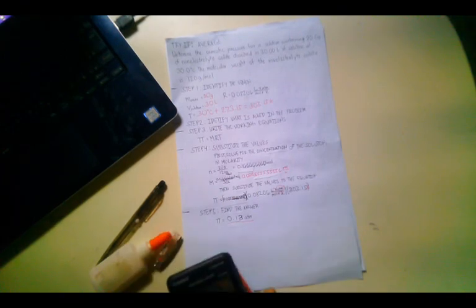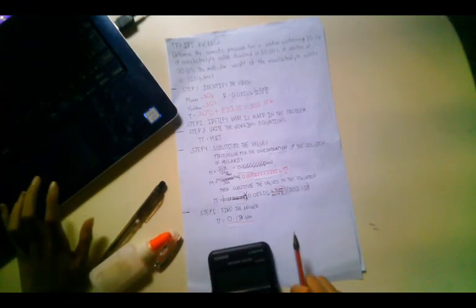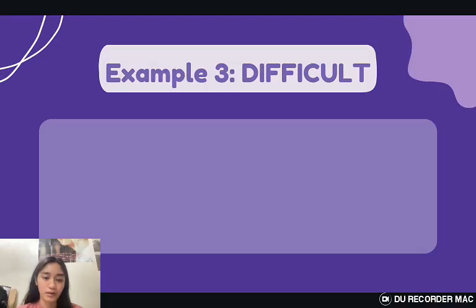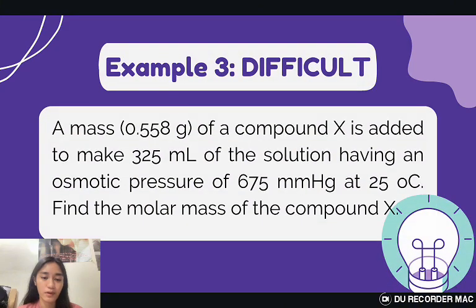So that's it. For the last example, a mass of 0.558 grams of a compound X is added to make 325 milliliters of the solution, having an osmotic pressure of 675 millimeters of mercury at 25 degrees Celsius.